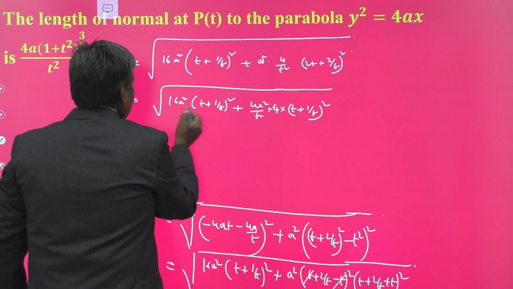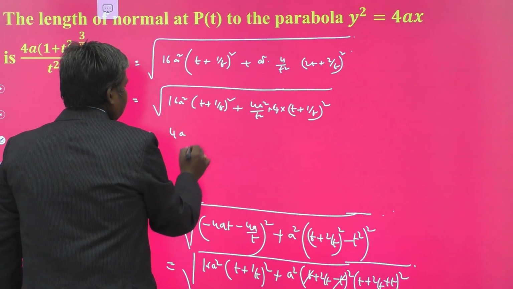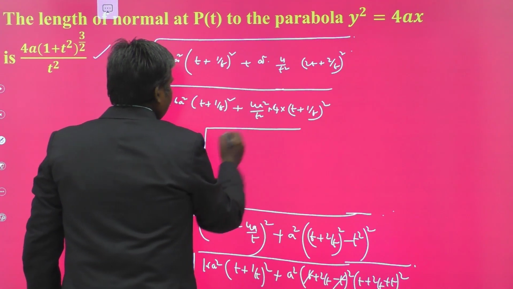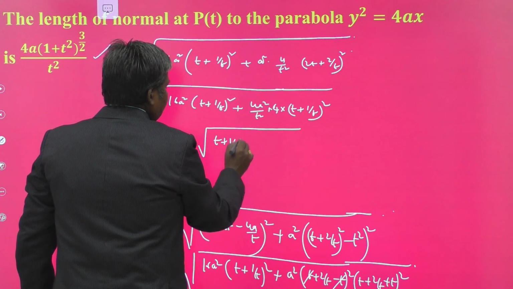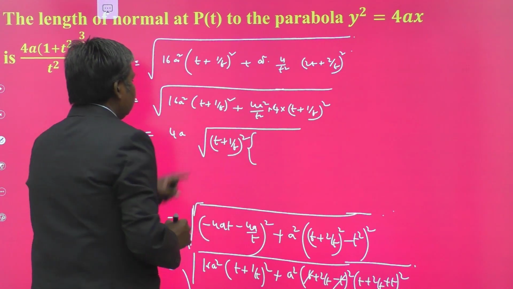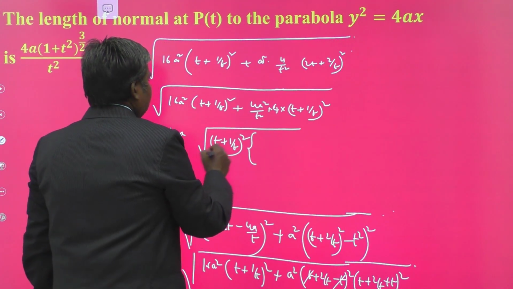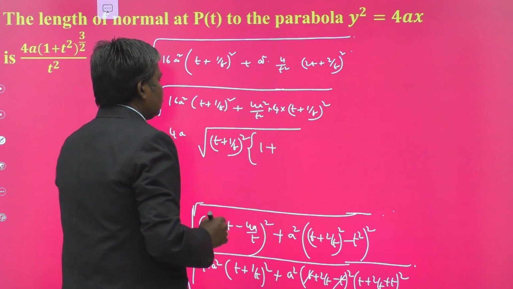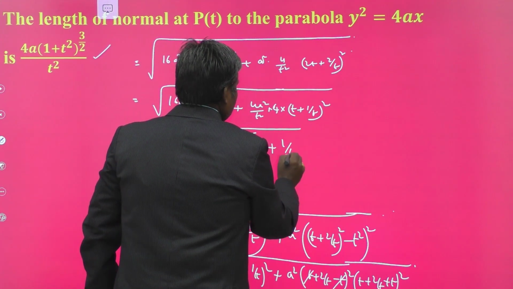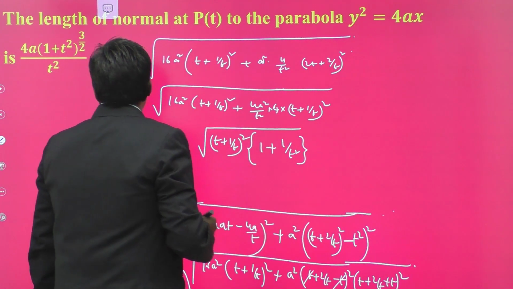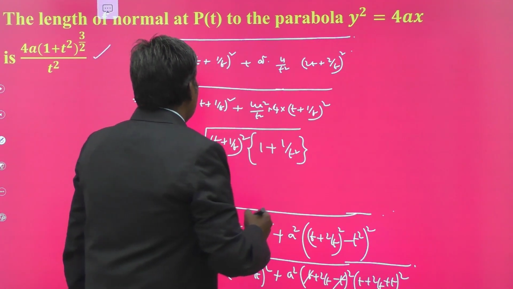You can take 16a square common, that becomes 4a into root of (t plus 1 by t) whole square common, that means (1 plus 1 by t square) is there.